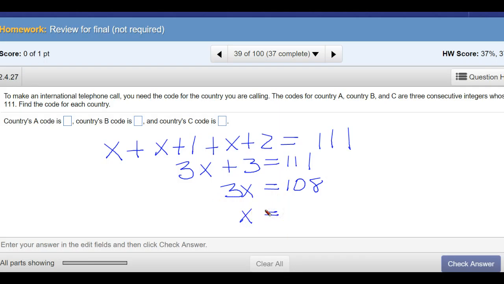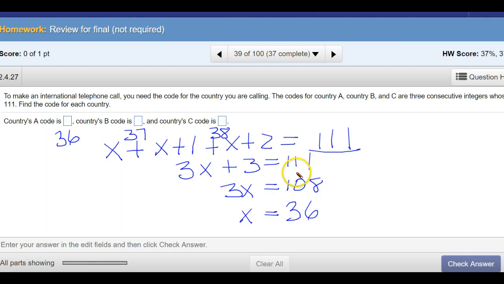So I'll use my trusty calculator. 108 divided by 3 is 36. So if this is 36, this one will be 37, and this will be 38. And if we add these 3 up, they add up to this. A way to check it, but this is the work.